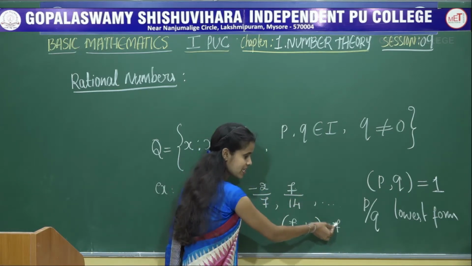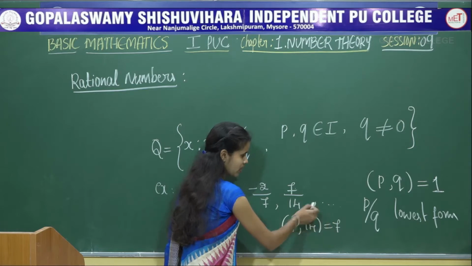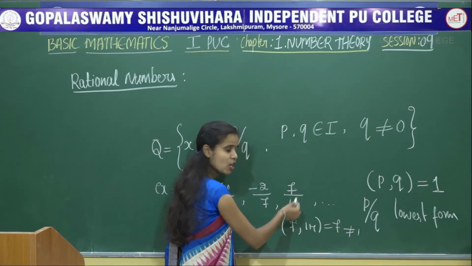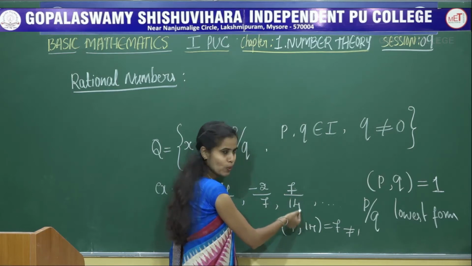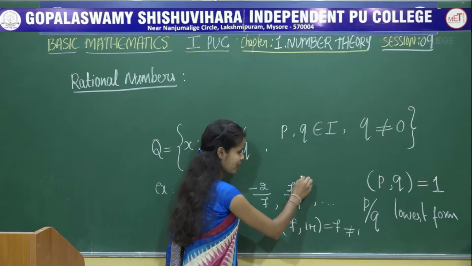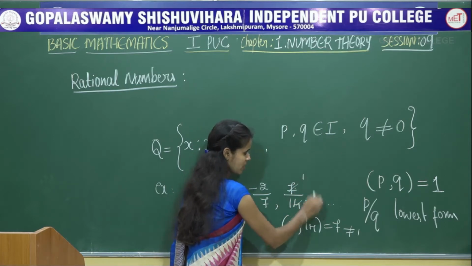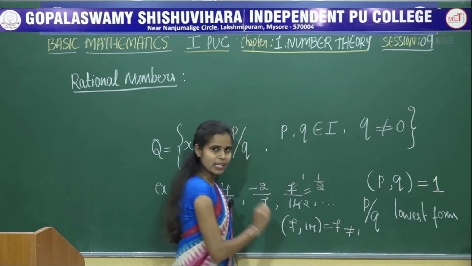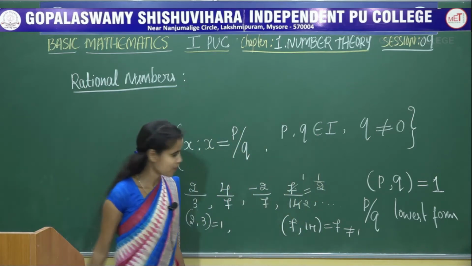The greatest common divisor is 7, so it is not equal to 1. Therefore 7 by 14 is not in the lowest form. To simplify, divide by 7: 7 ones are 7, 7 twos are 14. So the lowest form of 7 by 14 is 1 by 2. Okay.